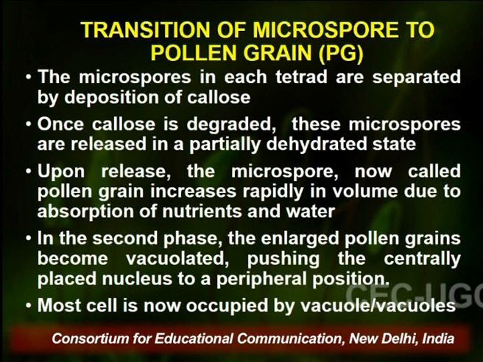Upon release, the microspore is now called a pollen grain. So we call it a pollen grain only once it has been released from the tetrad. Once it is in the anther locule, it increases rapidly in volume due to absorption of nutrients and water.